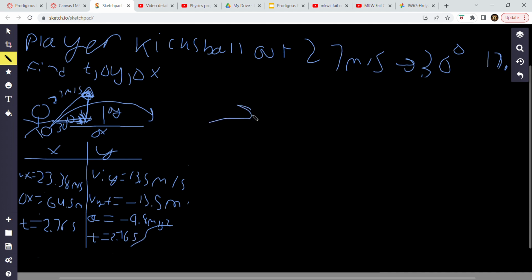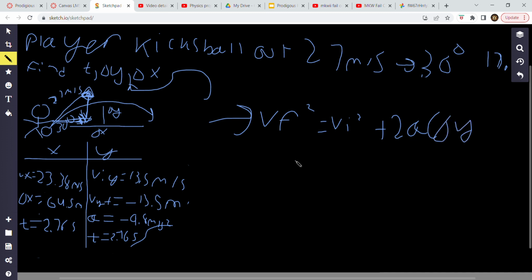Now for the last part, we're looking for delta y. There are two different equations we could use, but the one I'm probably going to use is vf squared is equal to vi squared plus 2a times delta y. Actually, you know what?